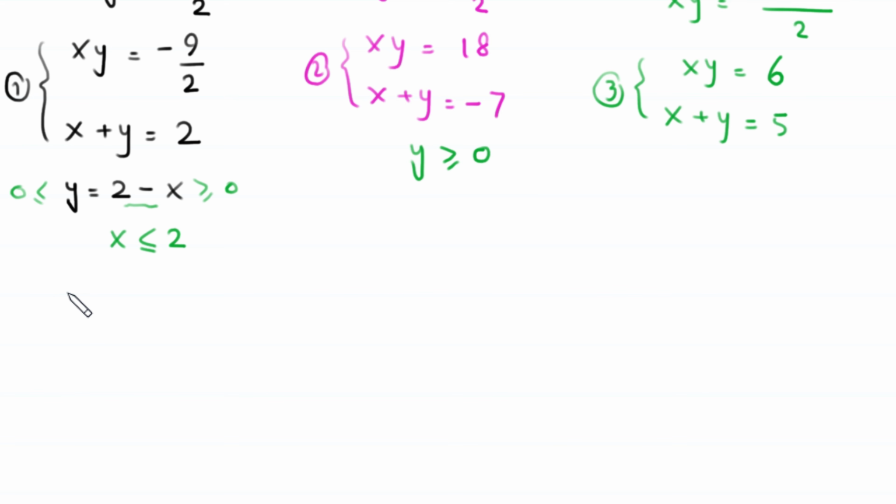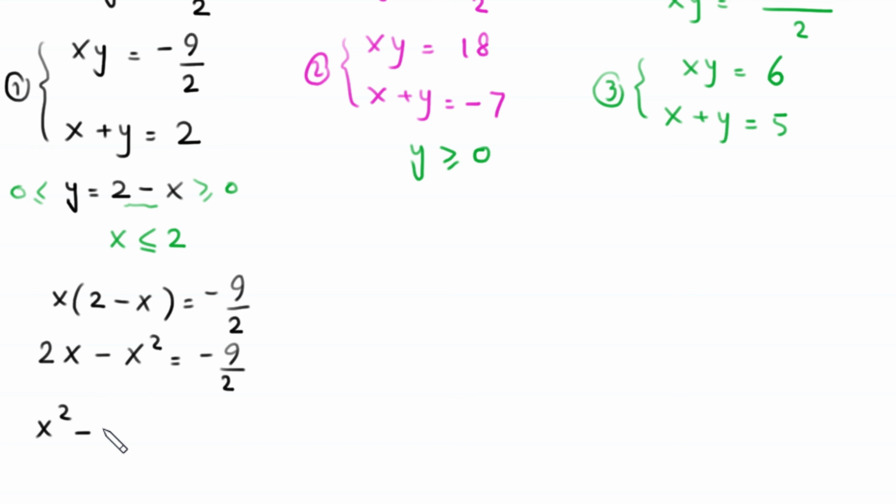This will become x times (2 minus x) equal to negative 9 over 2. X times 2 will become 2x, and x times negative x gives negative x squared, equal to negative 9 over 2. Move these two terms to the right hand side. This will become x squared minus 2 times x equal to positive 9 over 2.